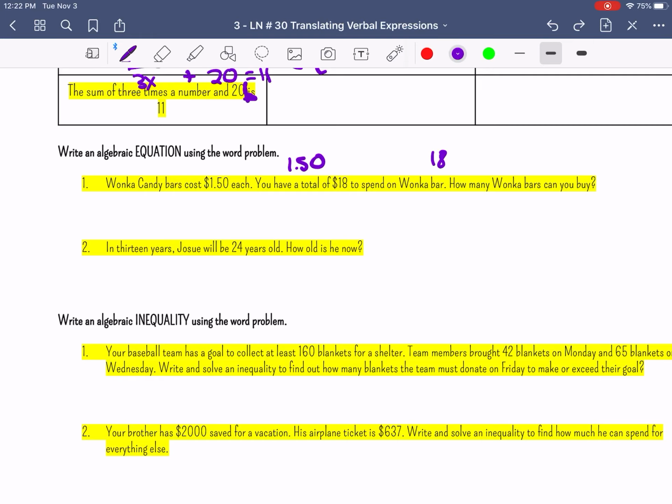So how many Wonka bars can you buy? We don't know. So each Wonka bar you buy is $1.50. So you're going to times each Wonka bar you buy by $1.50, and you're going to spend that much, $18.